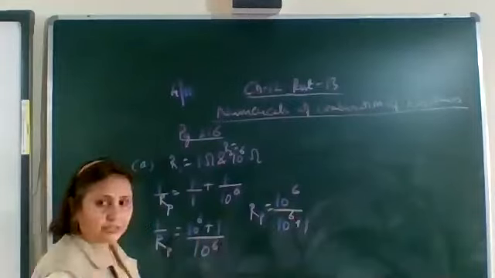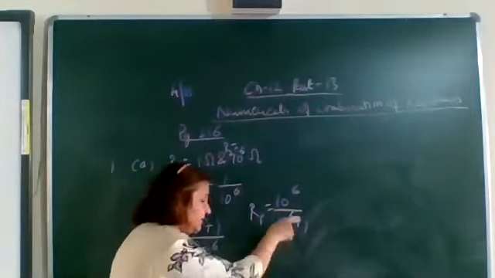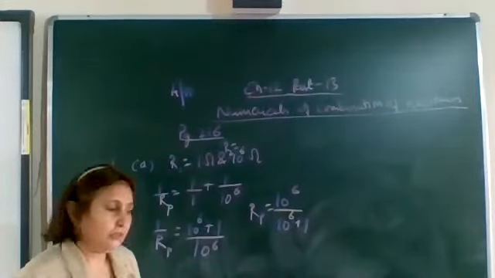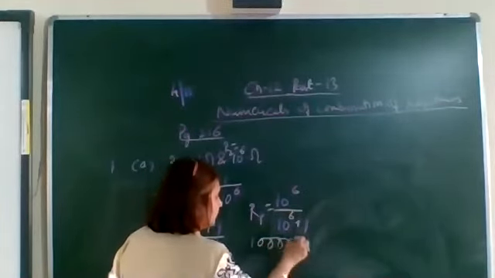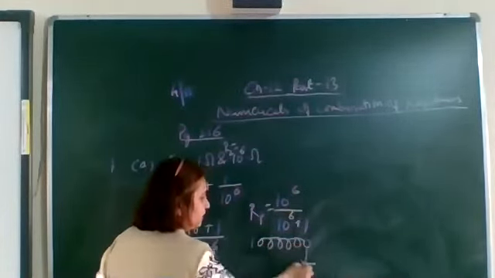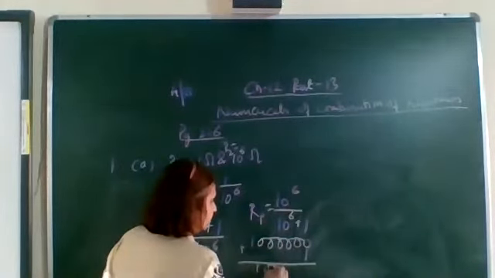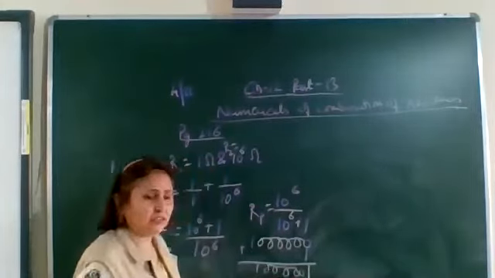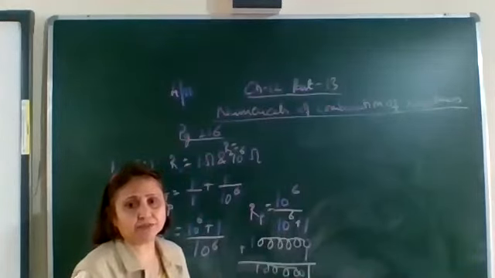Now let us add 10 raised to the power 6 plus 1. That is 1 followed by 6 zeros added to 1, which is 1000001, approximately equal to 10 raised to the power 6 only.